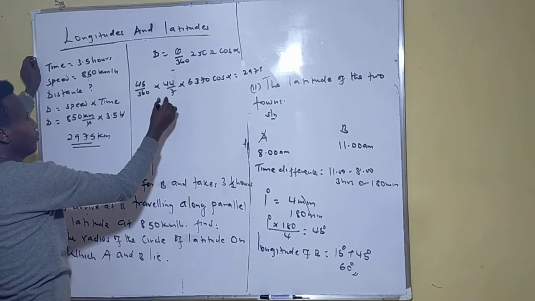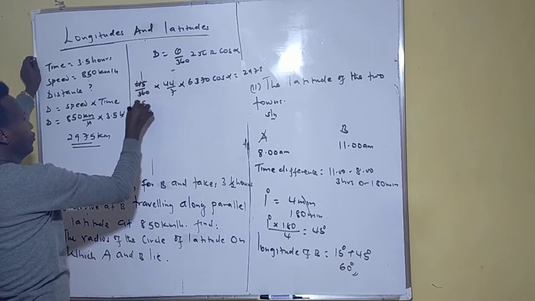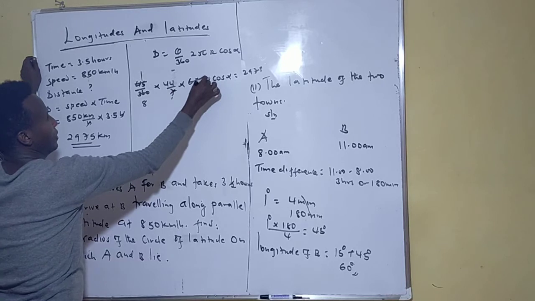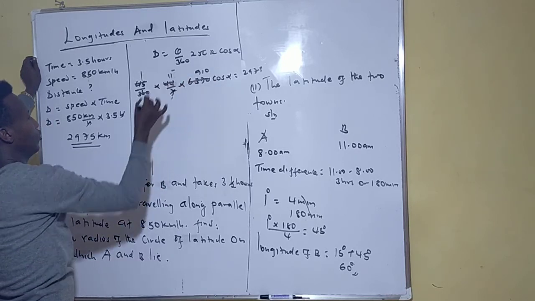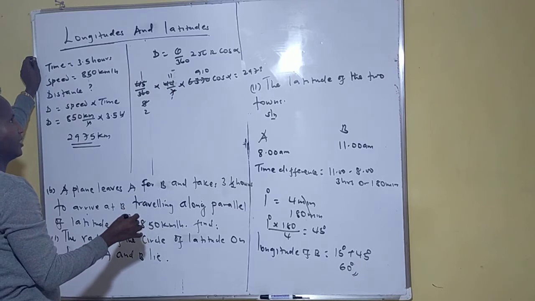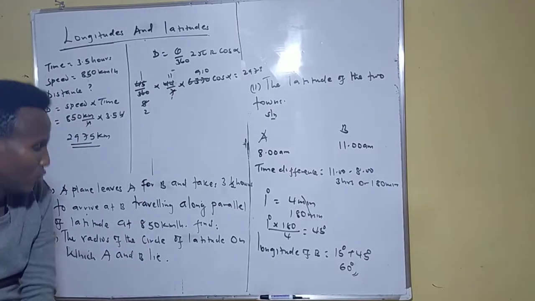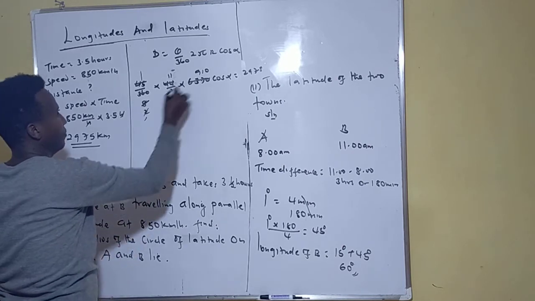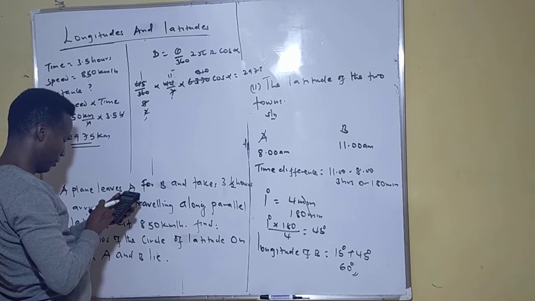So this will give me how much? 45 over 360 is 1 over 8, 7 into 6370 is 910, 22 over 2 is 11, then 910 divided by 2.